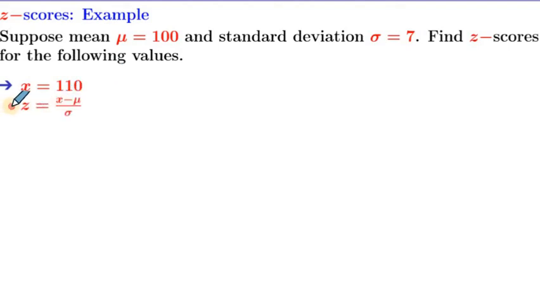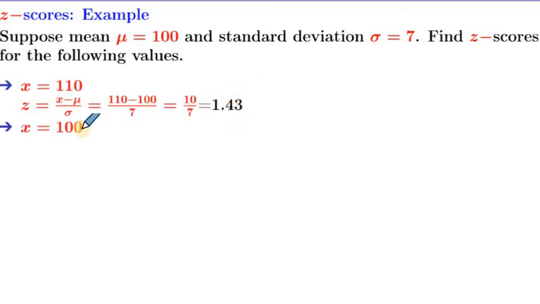We know the formula for z is x minus mu over sigma. Here, our x is 110 and our mu is 100, and the standard deviation is 7. So on doing this math, we get 10 over 7, which is equal to 1.43.